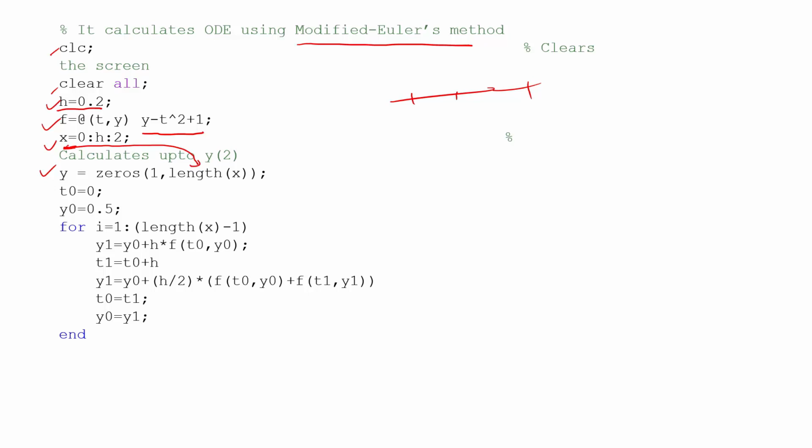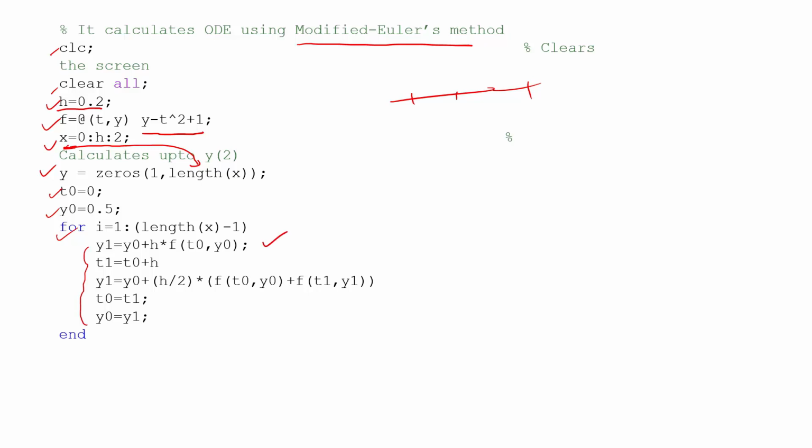This vector gives the length. So this many columns will be created, and these are the initial conditions, that t0 is 0 and y0 is 0.5. So we will begin the loop, and then we will put the formula of Euler's modified method.